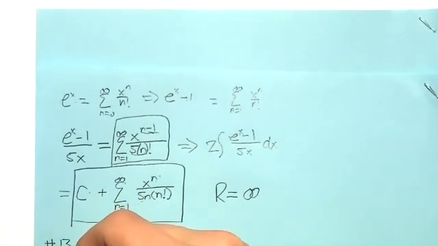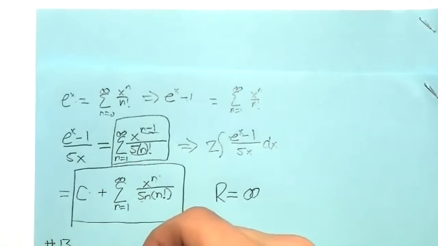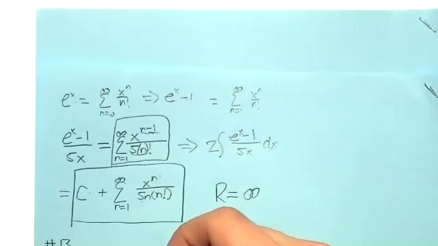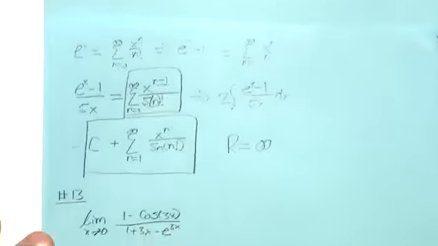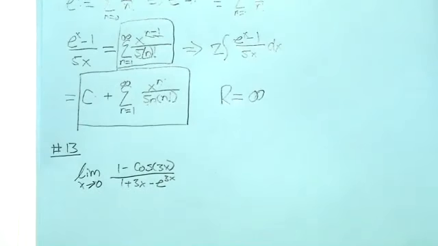We have evaluate the limit using series: the limit as x approaches 0 of 1 minus cosine 3x all over 1 plus 3x minus e to the 3x. Those are what my numbers are. I'm assuming you'll have something similar to that with your numbers, probably just different than 3s.